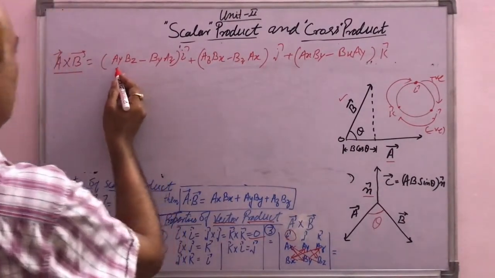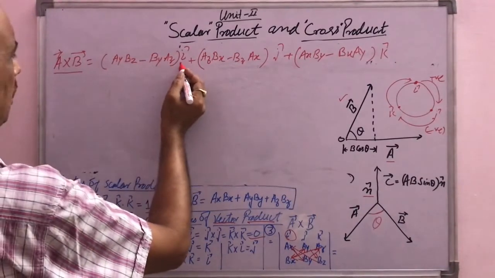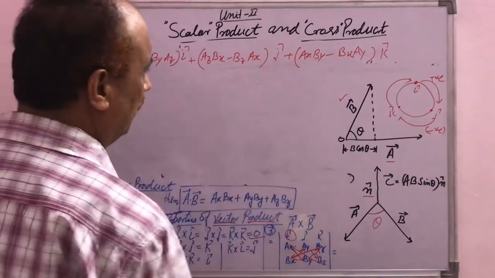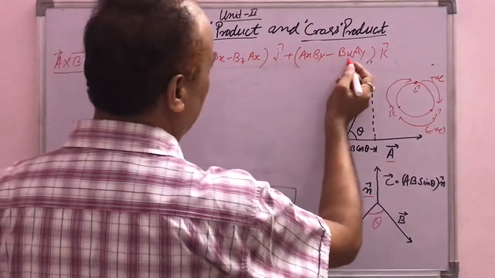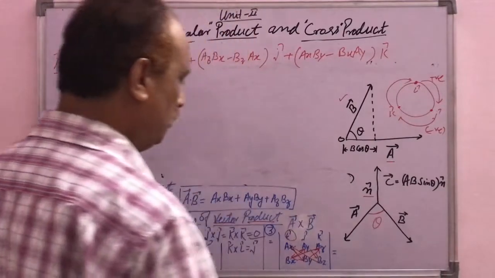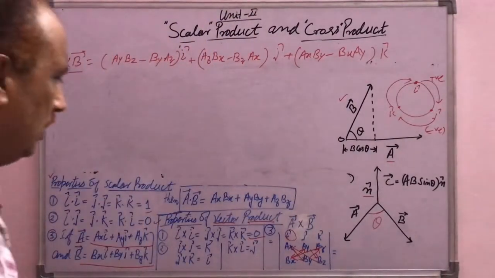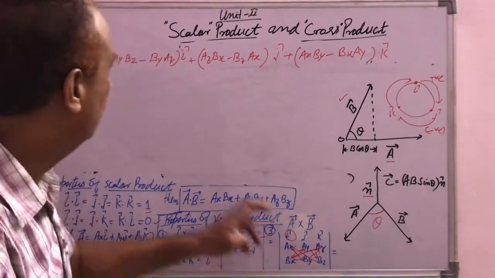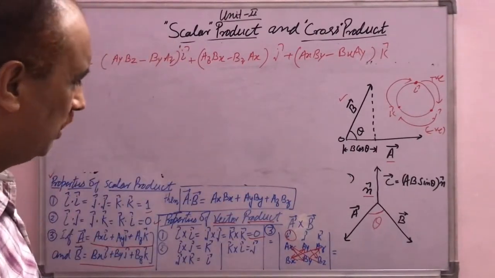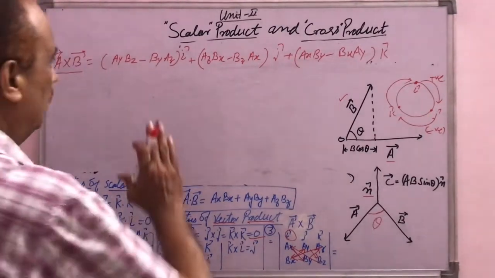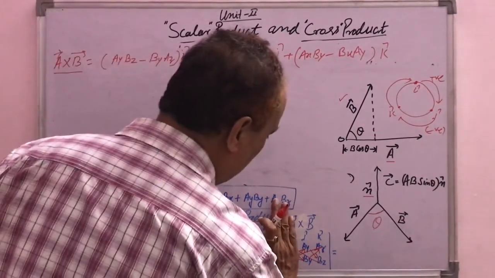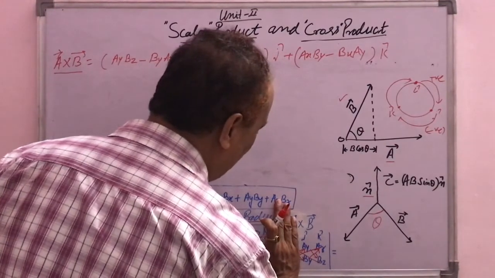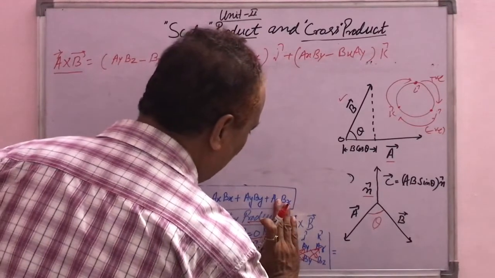In the first bracket, AY BZ minus BY AZ into i vector. In the next bracket, AZ BX minus BZ AX into j vector. And the third is AX BY minus BX AY into k unit vector. If you change the cyclic order in this matrix, you will get the minus. Remember, when we write the first bracket, we hide the first column and multiply the other two values of j and k.